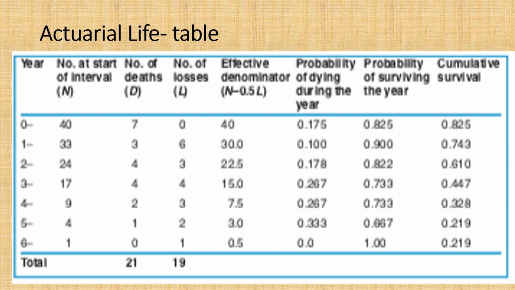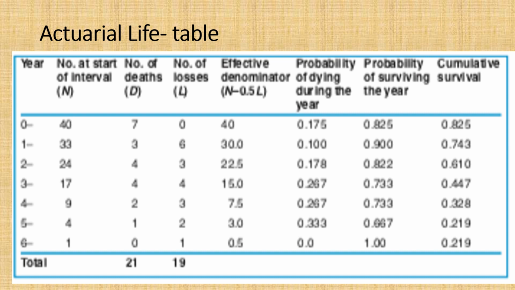This is the probability we are getting, 0.1, 0.9. Then we are multiplying 0.825 with 0.9, and we are estimating 0.743 is the value, and this is the cumulative survival value we have noticed. So the probability of surviving in the first year was calculated, and then it's further multiplied with 0.9. So this is the value we have noticed.